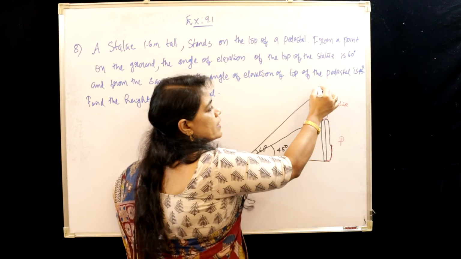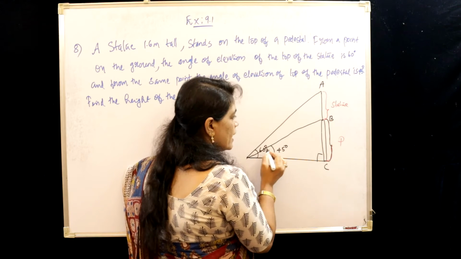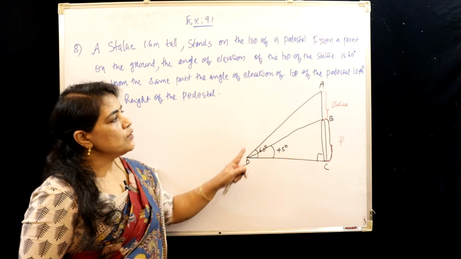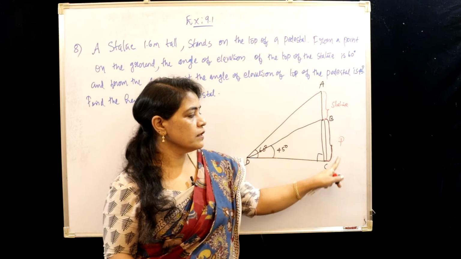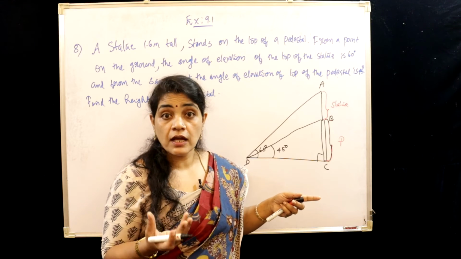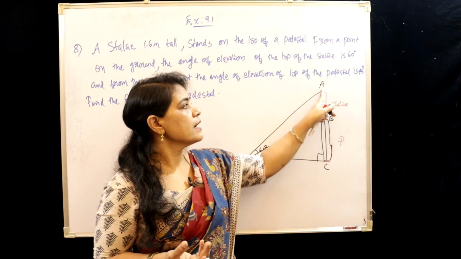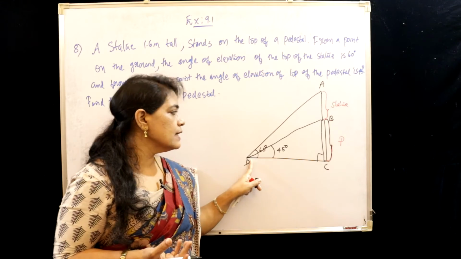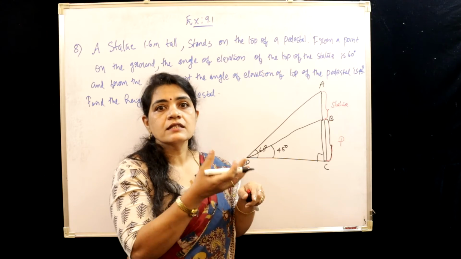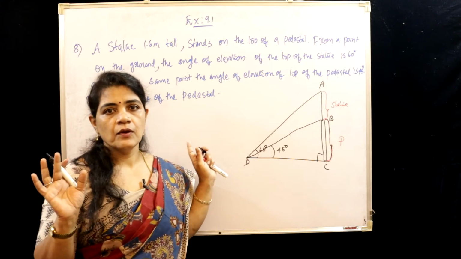For that, as usual, we can name these points as A, B, C and D. From the figure, AB is the height of the statue and the height of the pedestal is BC. That is the side of the right triangle BCD, and you also have to consider right triangle ACD, because we should get the answer in terms of the sides of the right triangles BCD and ACD.